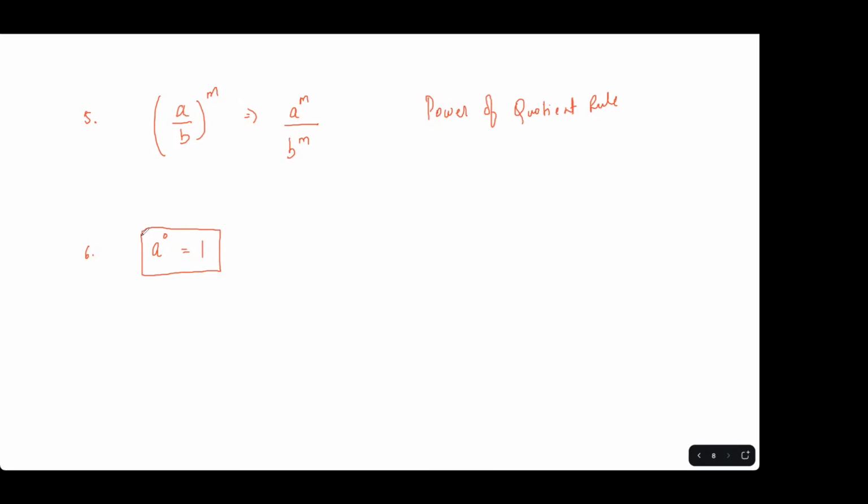Yes, sir. 1 raised to 0 is 1. Yes, I'll explain how. There is a proof for this. So if you want to note it down or take a screenshot, do it accordingly. Let's take a raised to 2 divided by a raised to 2. When the same number is divided by itself, what do we get?